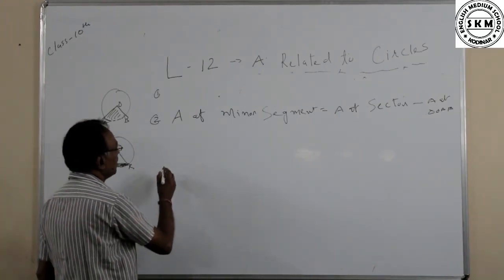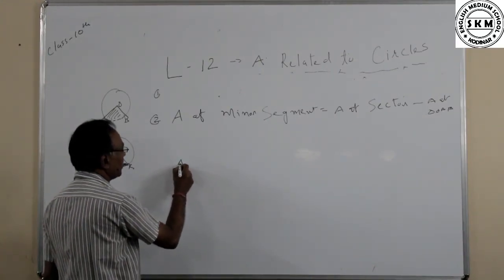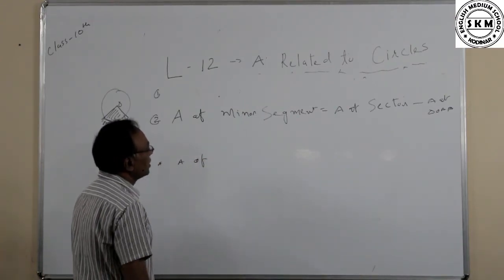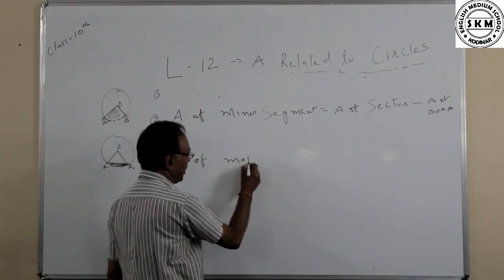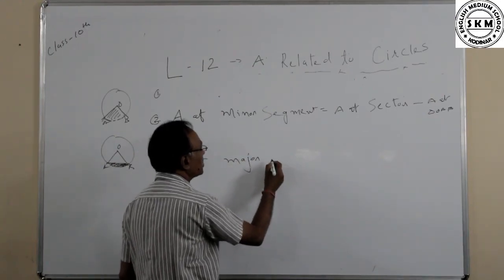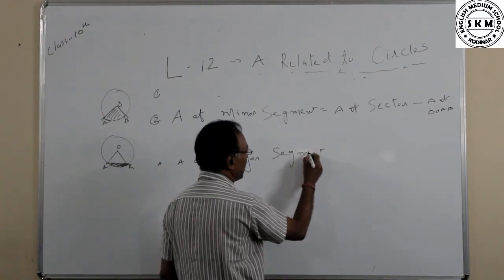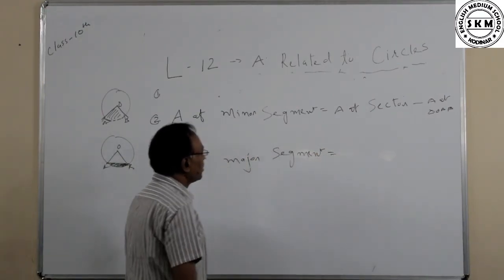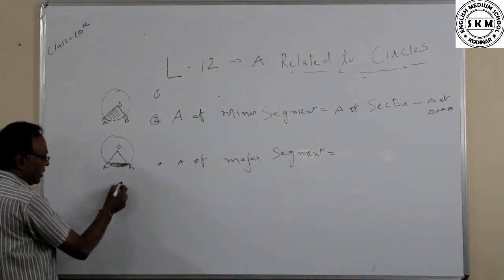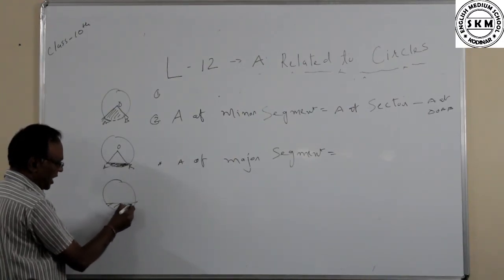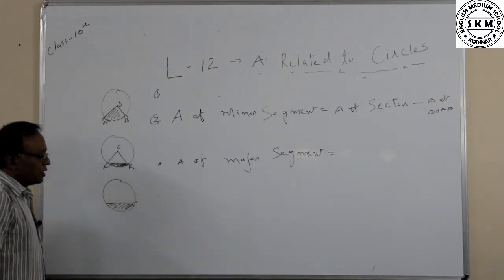Now the next formula, area of the major segment. So here there is the circle, and this is the minor segment.